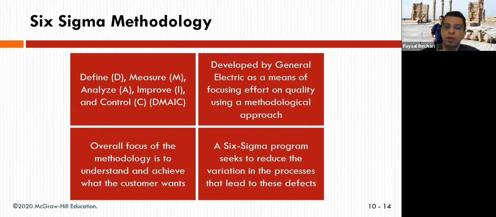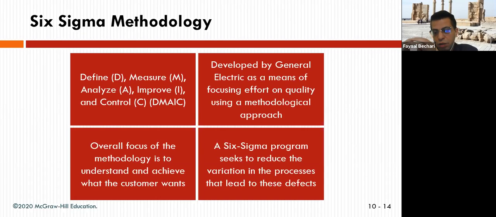Now you notice that GE, General Electric, has very good quality products. The overall focus of the methodology is to understand and achieve what the customer wants.